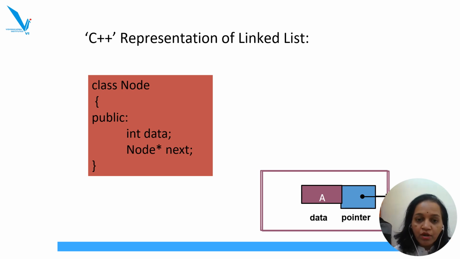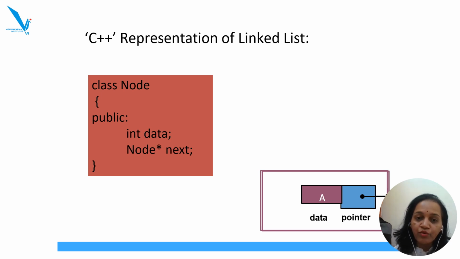So check out node star next. This is a pointer field, so I have to give a star, right? Then what is the name of that pointer? Next. Okay, next is the name of the pointer, and to whom is it going to point? It is going to point to the next node. That is why its data type is node. Okay, so node star next. So this is how you are going to create the nodes using C++.